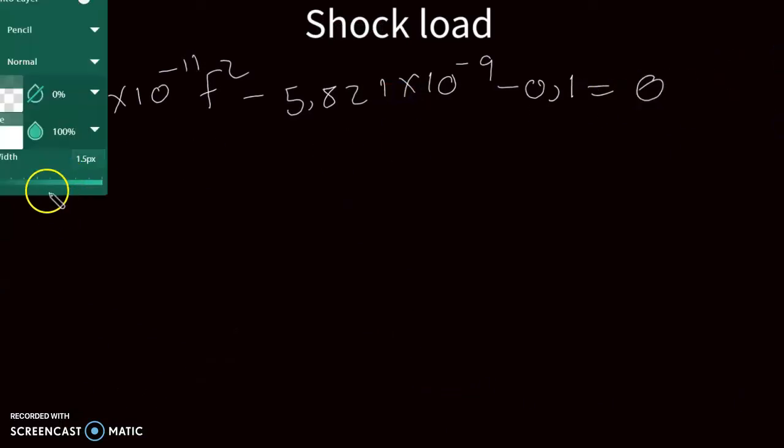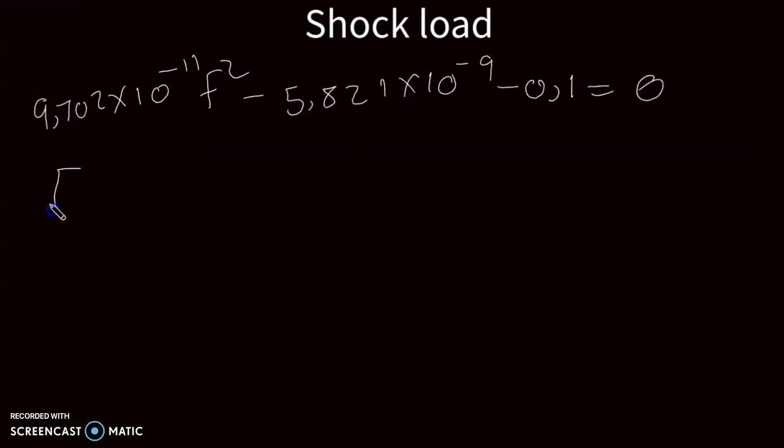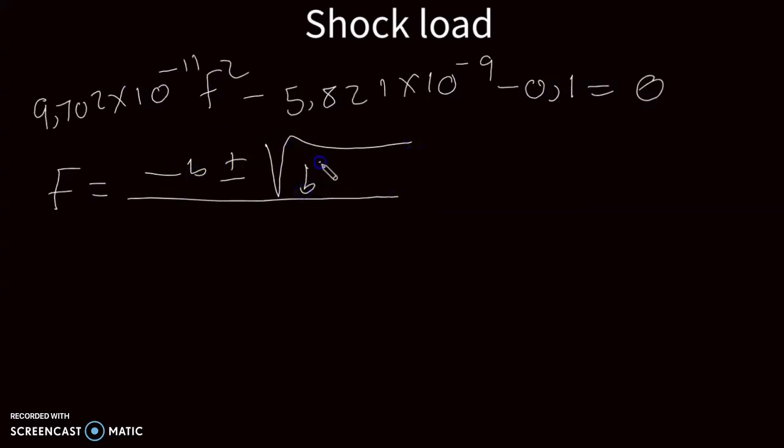Our quadratic formula is minus b plus or minus, we're going to use the positive root, the root of b squared minus 4ac, divided by 2a. And then we are going to substitute.